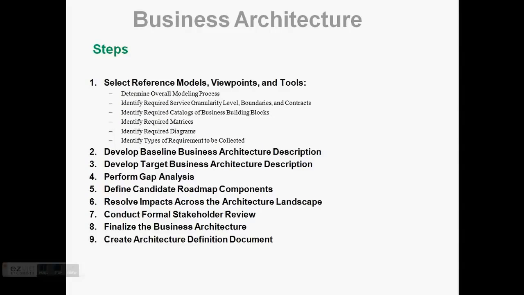Point 4 is about identifying required matrices. Matrices show the core relationships between related model entities, and they form the raw material for the development of views and also act as a key resource for impact assessment.